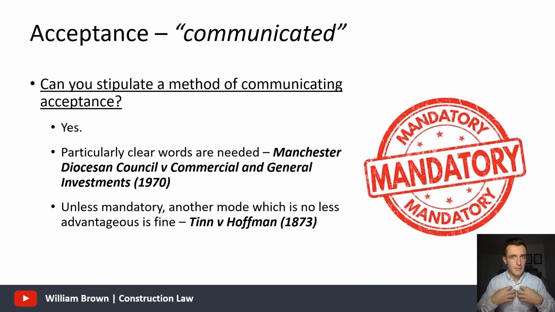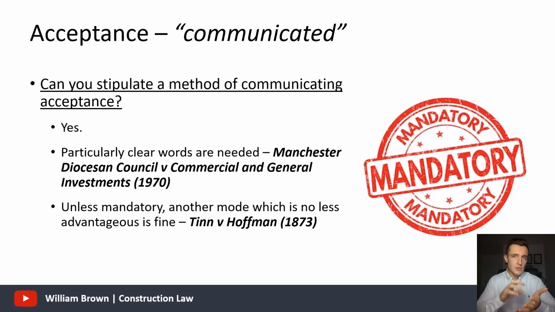So to use our example, if I made an offer to you and I stipulated that it must be accepted via post, and I wasn't particularly clear with my drafting, and you come back via email, I would be bound by your acceptance as long as I didn't suffer some sort of detriment due to the fact I received it via email, which would probably be the case. It's hard to see why you would suffer a detriment receiving an acceptance via email instead of via post.